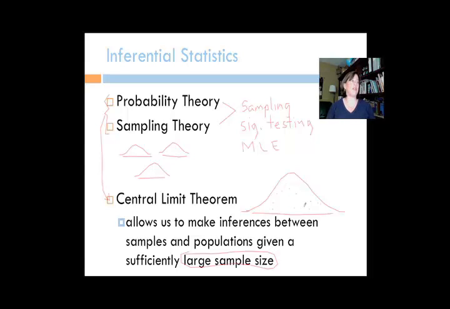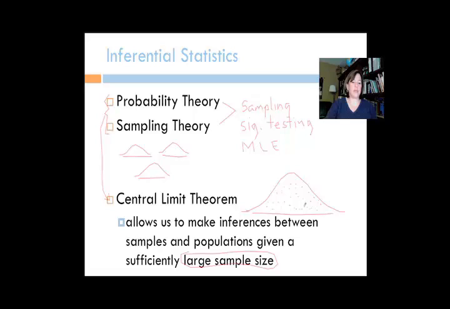That's what the central limit theorem says. So as our sample size gets larger, the researcher can be more confident that the sample represents the population and that the results from the sample will also be found in the population. It will match the relationship in the population.